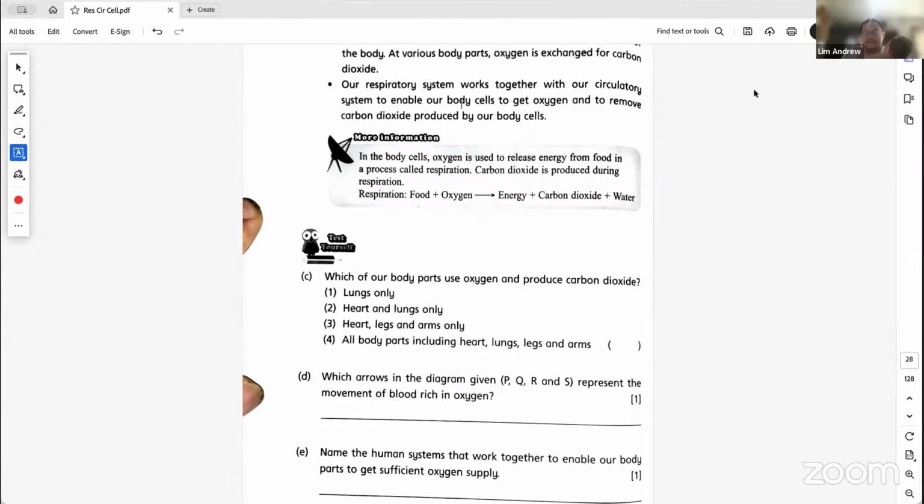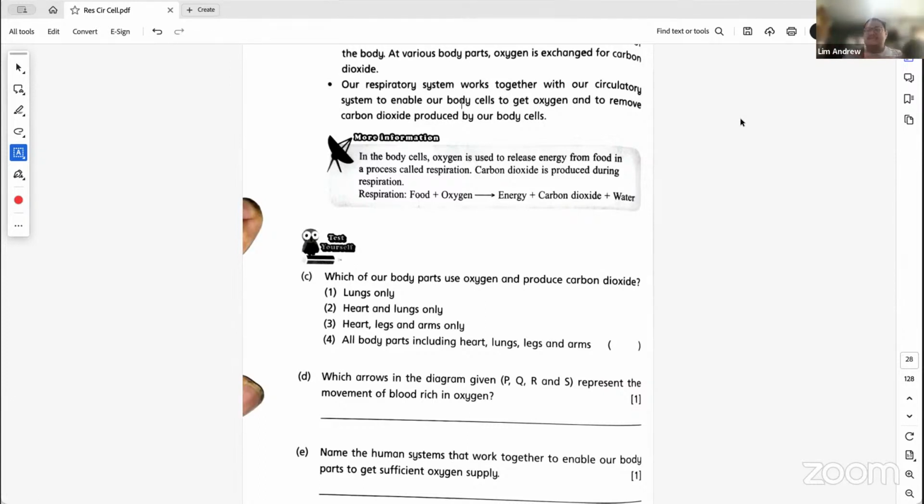Thank you very much. Actually, the answer is number 4, because all our body parts use oxygen and produce carbon dioxide. So remember the explanation from the heart to all parts of our body. The heart will be pumping all the oxygen and all the digested food to all parts of the body. When you say all parts, that means including heart, lungs, legs, and arms, all will need oxygen.